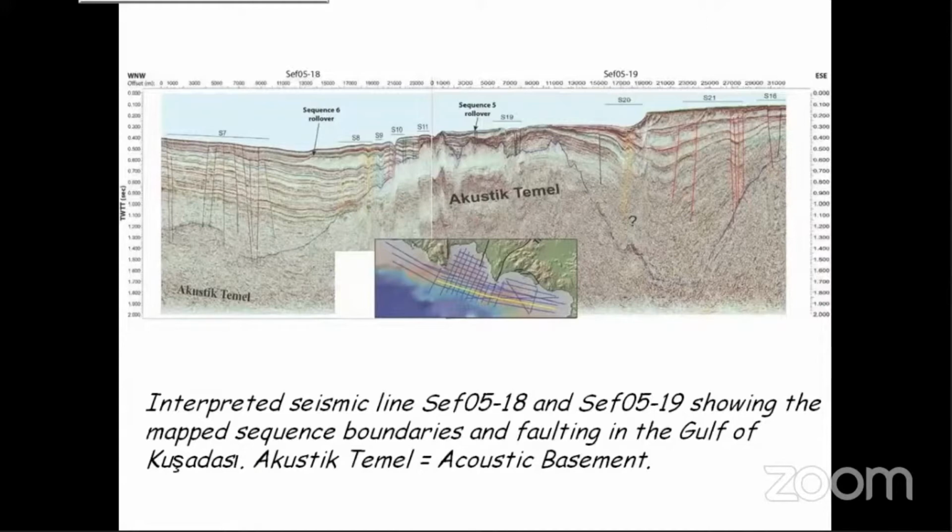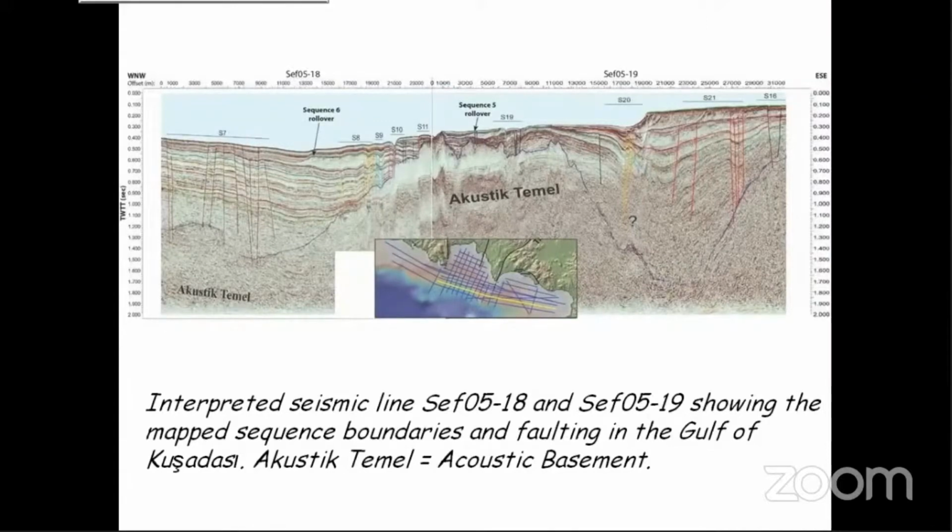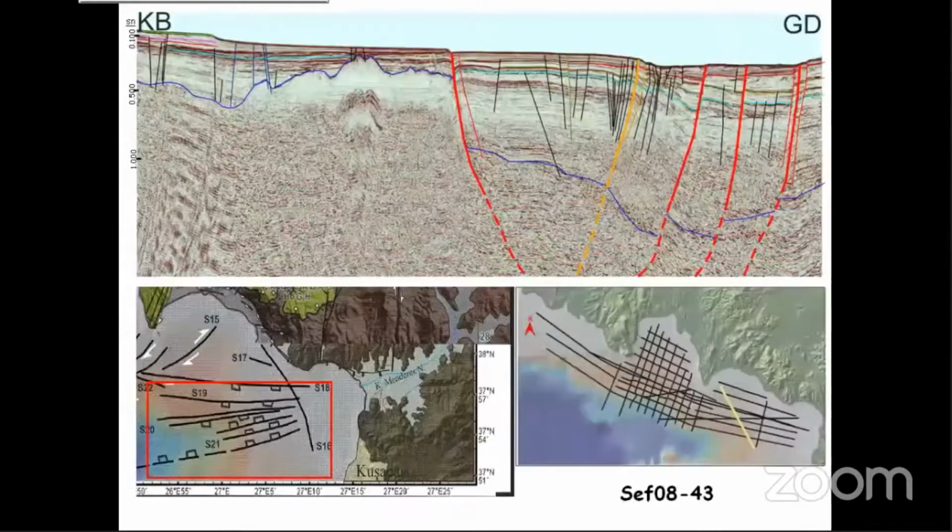I continued to do this correlation and interpretation on all of the lines, which intersect each other and continue together. And as you see the faults and the active faults and these seismic sequences on screen, I'm continuing immediately.